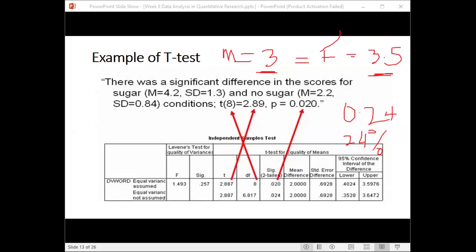The rule is that if your p-value is less than your significance level, you reject. That is your rule anytime that you are comparing the probability values and your alpha.